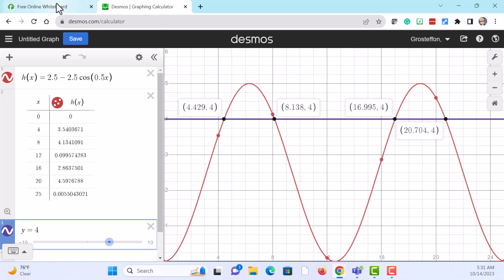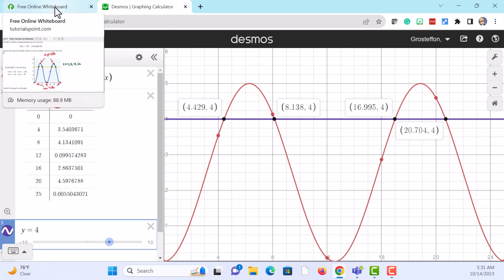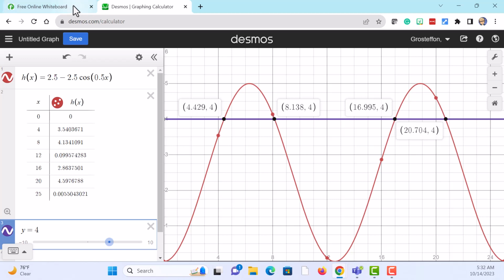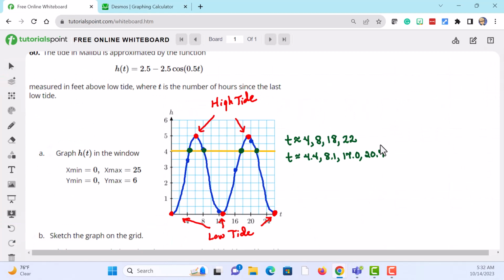So our first one, let's say 4.4, so we can refine this. t is approximately 4.4. The second one, 8.1. The third one, 17.0. And the last one, 20.7. So my graph was fairly accurate at the beginning, but then not so accurate towards the end.